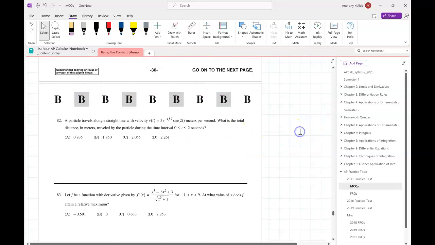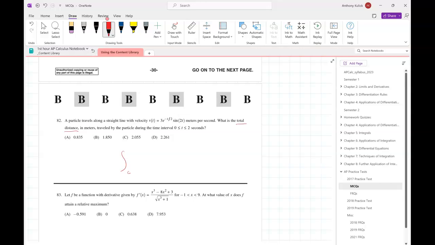82. Yes, of course. It says a particle travels along a straight line with velocity v of t equals yada, yada, yada. What is the total distance in meters traveled by the particle on this interval? How do I find the total distance given a velocity?